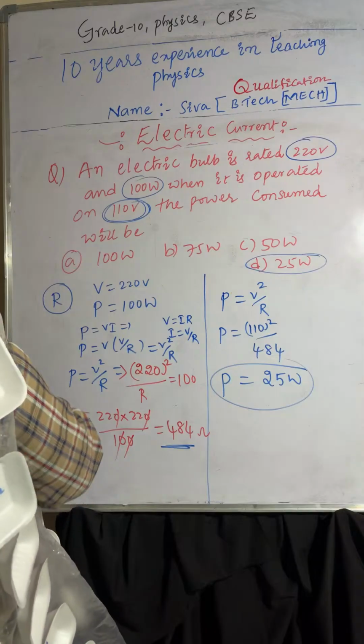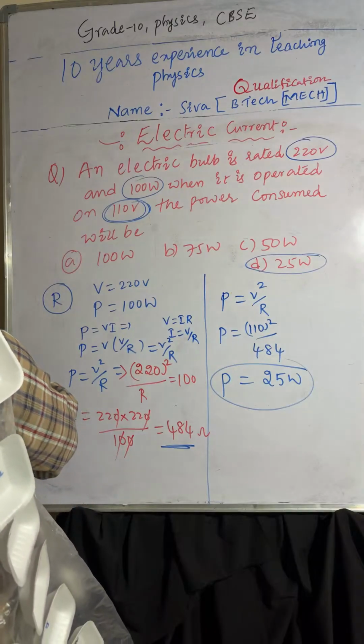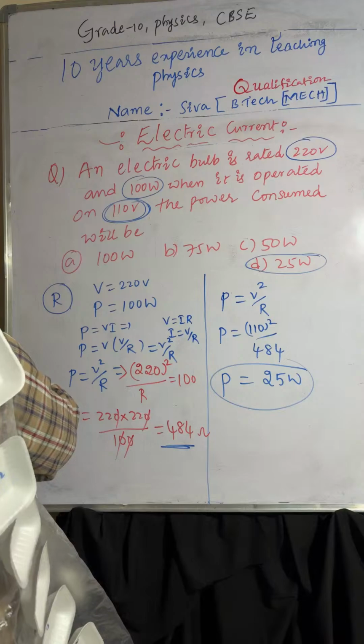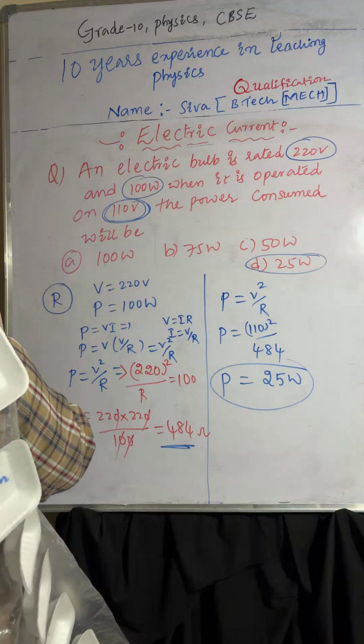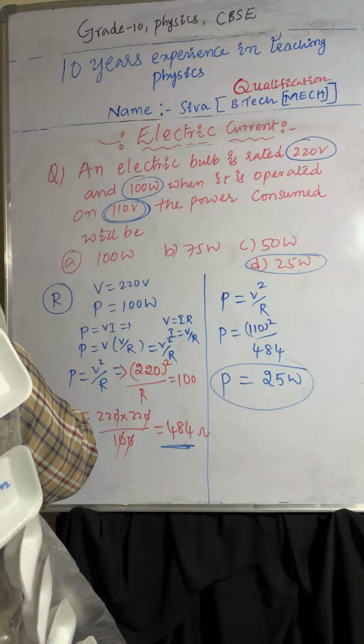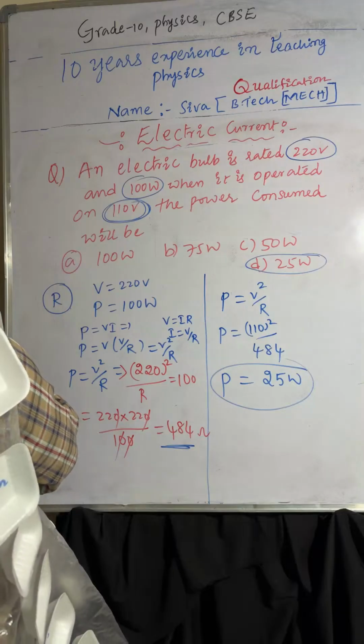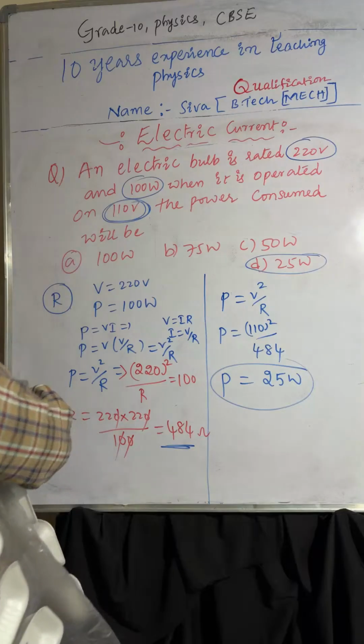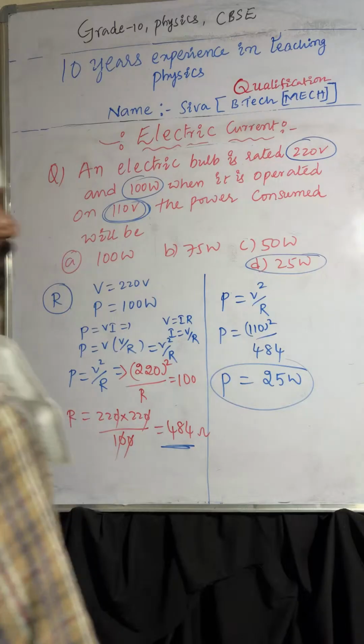The ratio of the heat produced in the series and parallel combination.